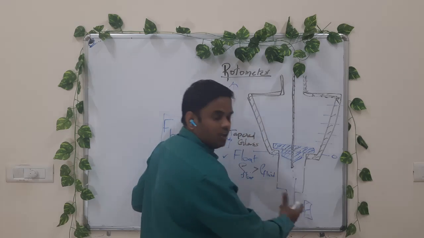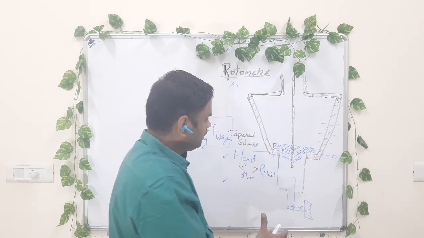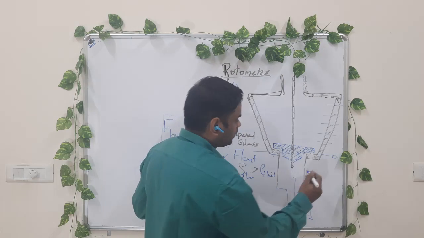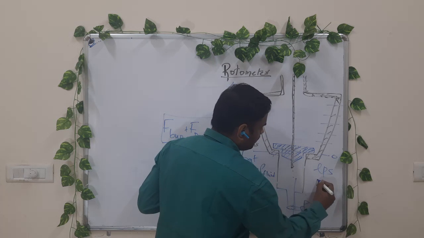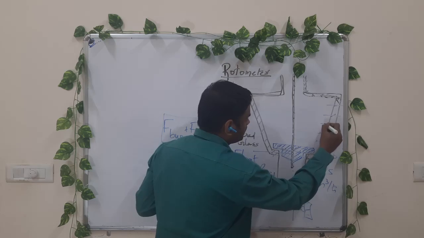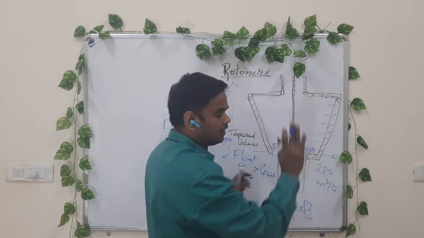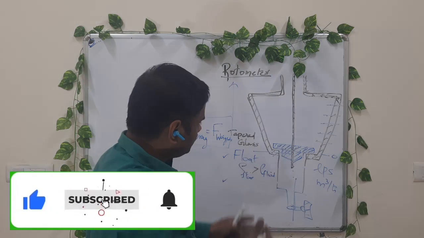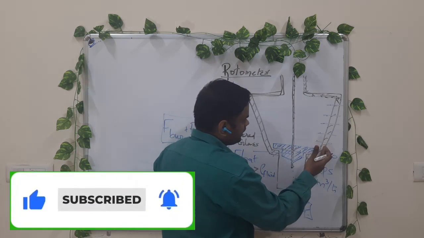Using the valve, we can adjust the volumetric flow rate. But what is the position and what is the volumetric flow rate? For example, liter per second, or it can be meter cube per hour. So whatever the reading is, we can measure it from the scale, because it's a pre-calibrated device. Before we use it, we have a calibrated scale over here.